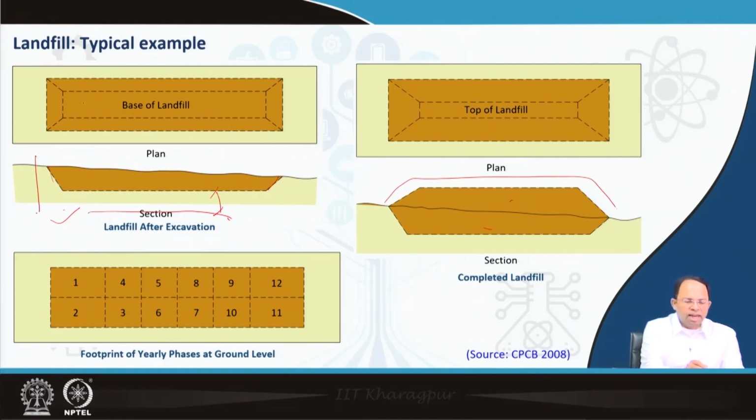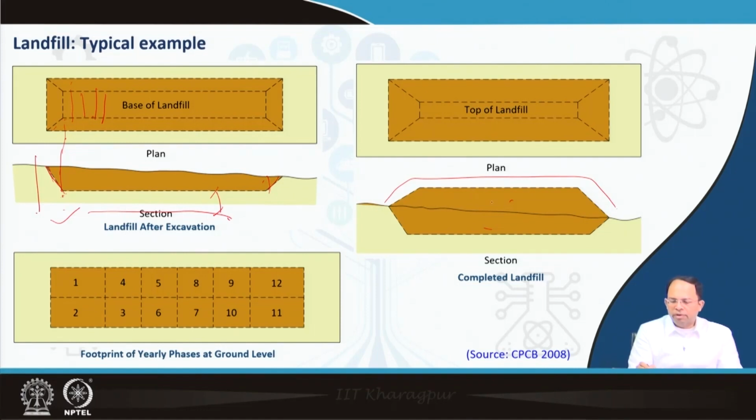Now the base of the landfill is given a slope like this. As you can see over here, that is the bottommost part, the sides are sloped. So this is the side, so this aligns with this, right? So the side slopes are given on all the 4 sides, and the base is more or less flat. But of course, even though the base is shown as flat, the slope has to be given as per the drainage network, as we have discussed earlier.